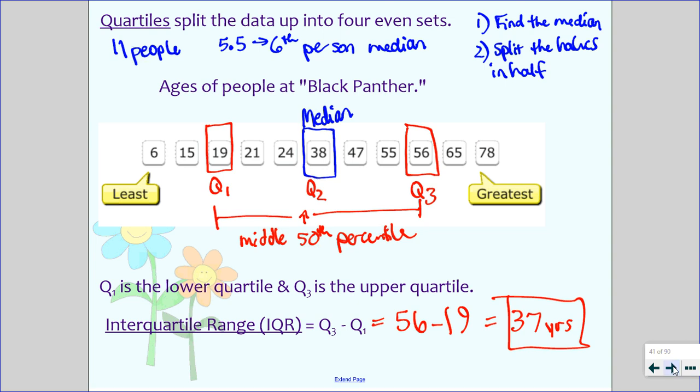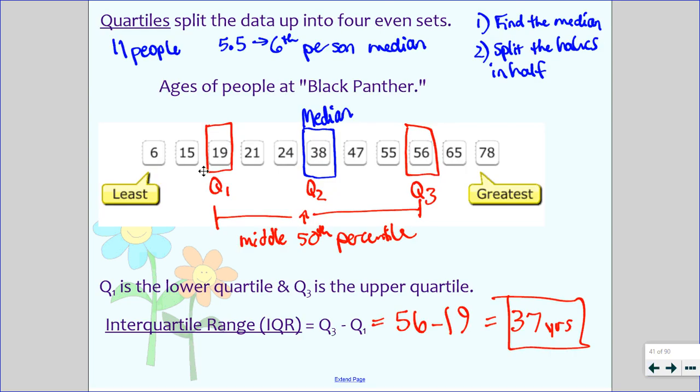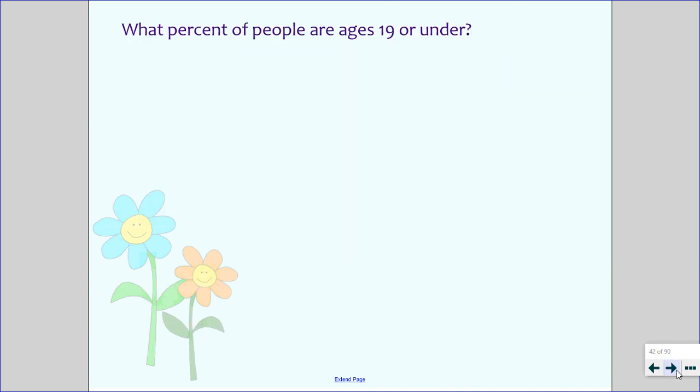Okay, so some questions can be answered regarding the data now. I can ask, what percent of people are 19 or under? Well, if I go back to my data, I look, 19 is at the first quartile, or the first 25% of the data.